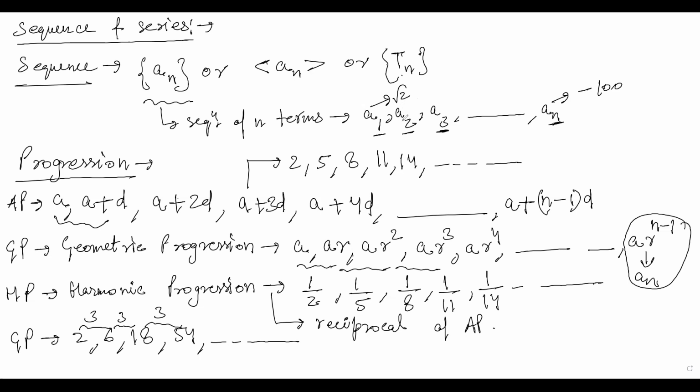The value of the term can be rational, irrational, negative, positive. But the name of the term, you won't get root 2th term. You won't get minus second term. There's no minus second term. The terms will always be first term, second term, third term, fourth, fifth, sixth, eighth, ninth, 10th, 100th.